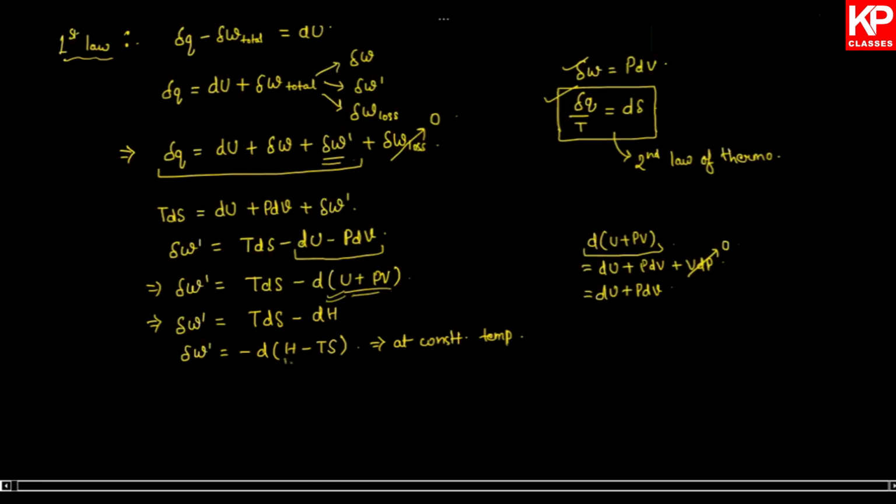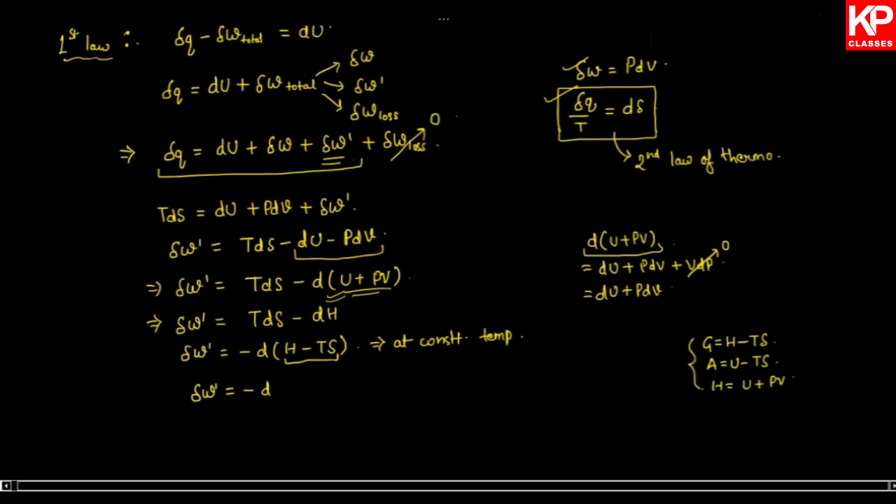So what does this expression represent? H minus TS. I hope everyone is familiar with these equations: G is equal to H minus TS, A is equal to U minus TS, H equals U plus PV.